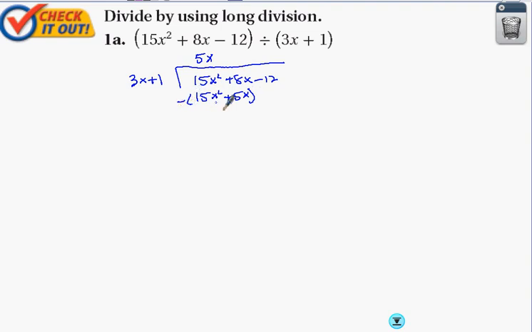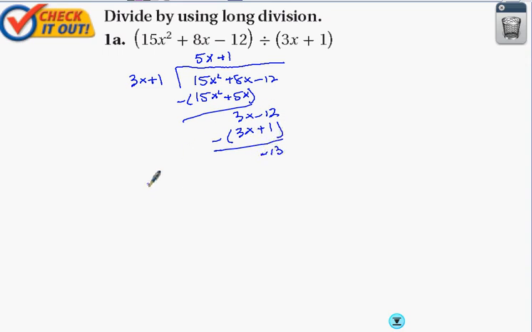Subtract. That goes to 0. 8x minus 5x is 3x. Bring down your negative 12. 3x times what is 3x? The answer is 1. So now I have 3x plus 1, and I subtract, giving me negative 13.